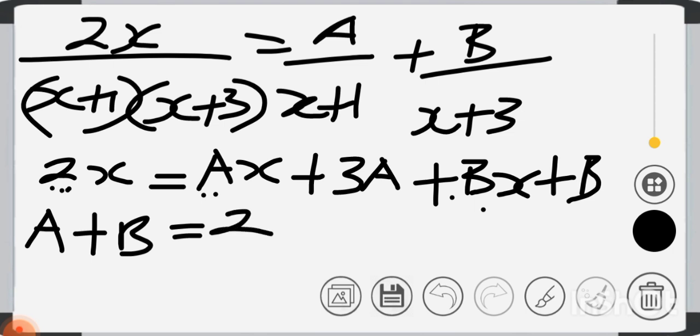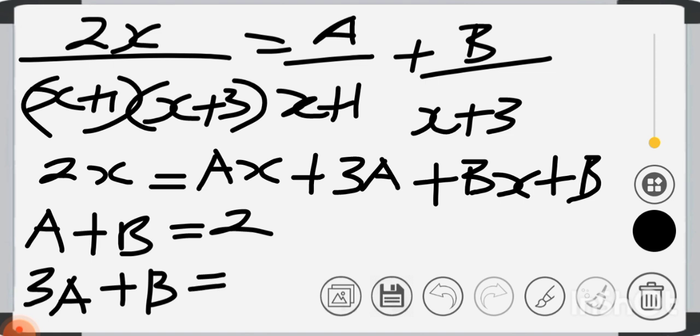Then let's go for the constant now. This one doesn't have s, that is a constant, that is 3a actually. Sorry about that. That's 3a, plus b, is equal to, check this side.